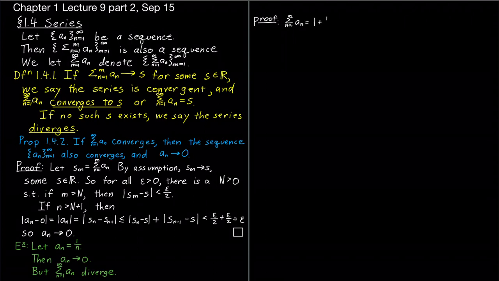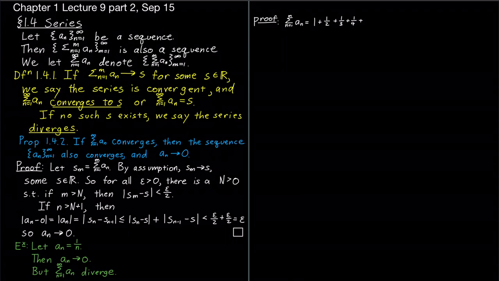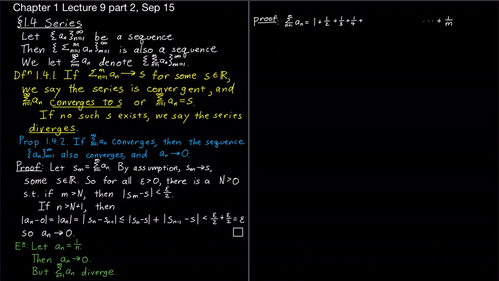That's 1, and then a half, and then a third, and then a fourth, up to 1 over m. And now this is at least, all right, the 1 and the 1/2 we're going to leave the same. And then the third and the fourth we're going to drop down to a fourth plus a fourth.